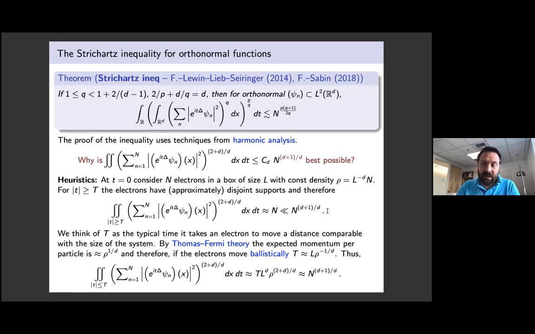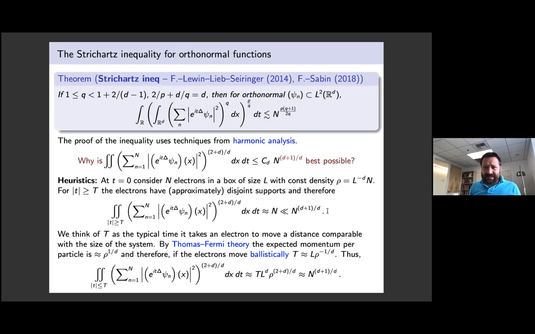Good. So the question is really, what is this relevant time up to which we should look at the inequality? We think of this time t as a typical time it takes an electron to move a distance comparable with the size of the system, the size of the box, that was what we called L. Now, Thomas-Fermi theory, remember, that's what we had at the very beginning when we started talking about Lieb-Thirring inequalities, has rho to the 1 plus 2 over d.